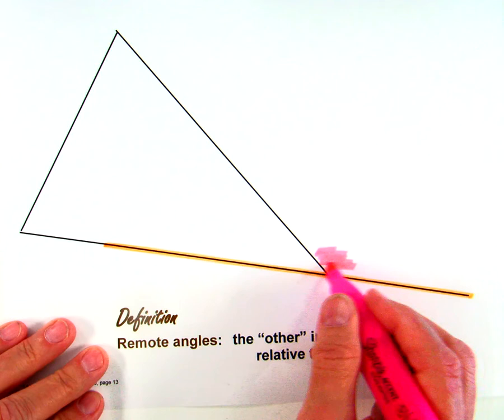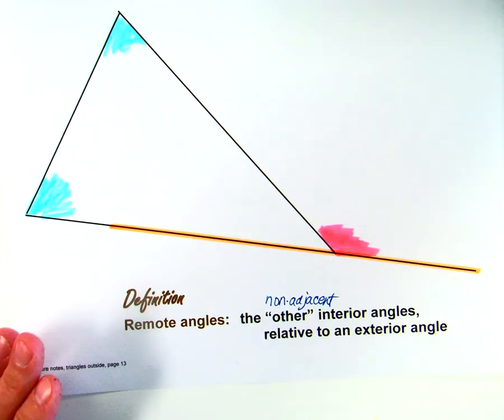Well, sometimes I'd like to talk about the others. This one's adjacent to it, so I could talk about it as adjacent, but what if I want to talk about these two over here? These are the ones that are not adjacent, the ones in the triangle that are away. They are non-adjacent. And what we call them is remote, because they're far away.